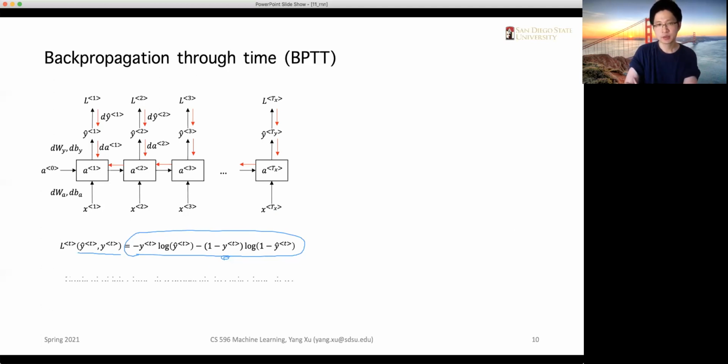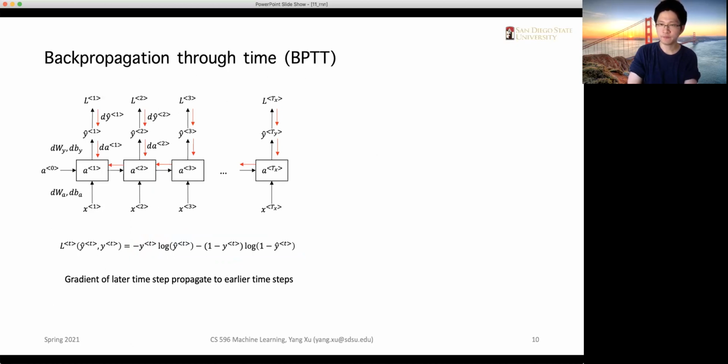Okay, so this is the so-called back propagation through time, which means the gradients of the later time step will propagate to the earlier time steps. Okay, so we will have a complete workflow, a complete chart, for how this back propagation through time is carried out.